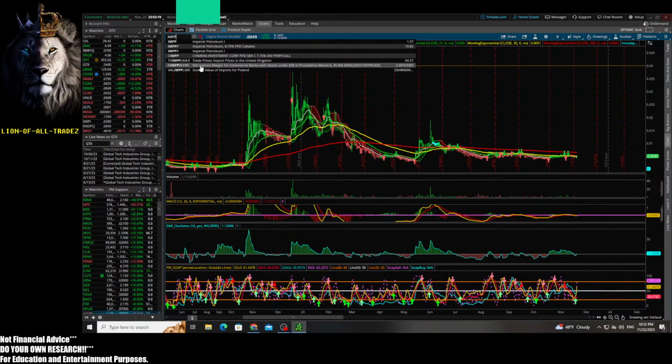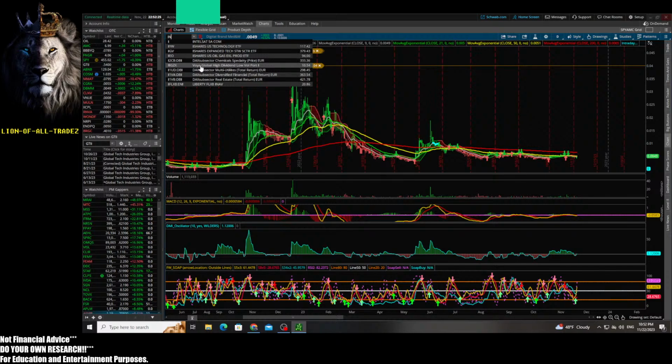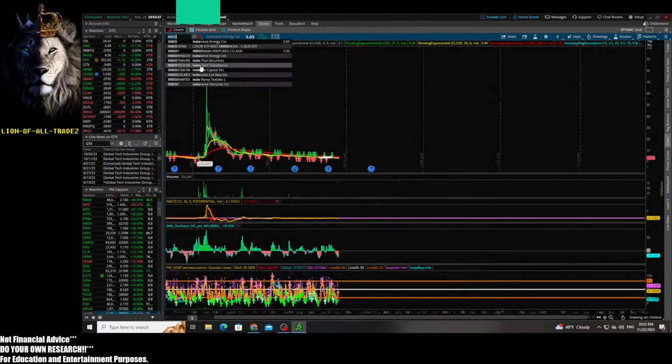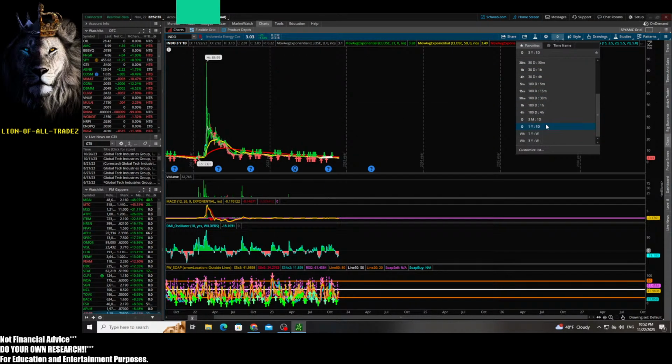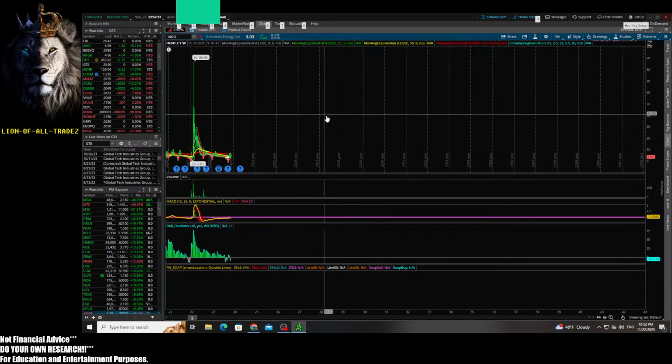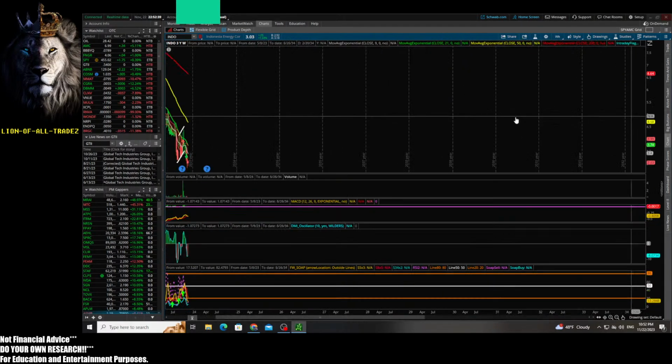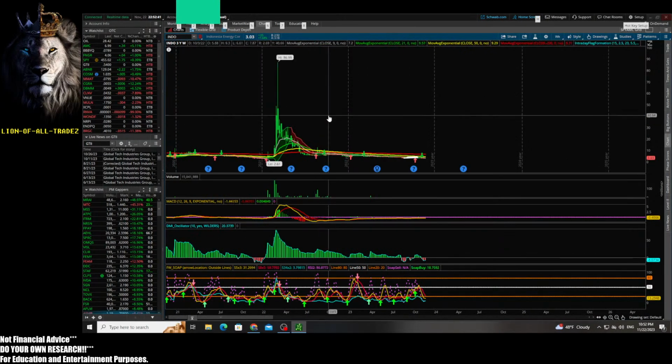It caught their attention, and I was like, yo, this is like AMC all over again. But ticker symbol INDO, Indonesia Energy Corporation, and how this skyrocketed when oil hit an all-time high of 130.55.